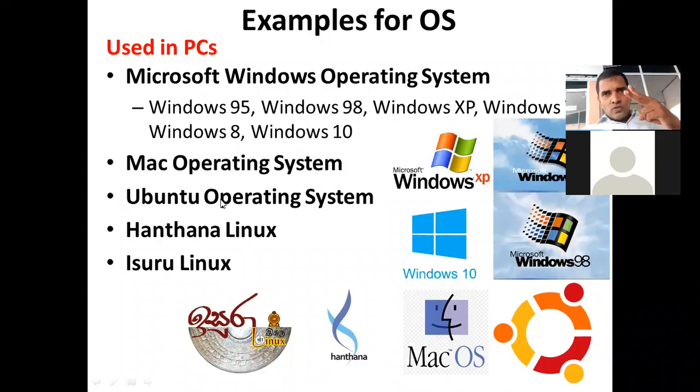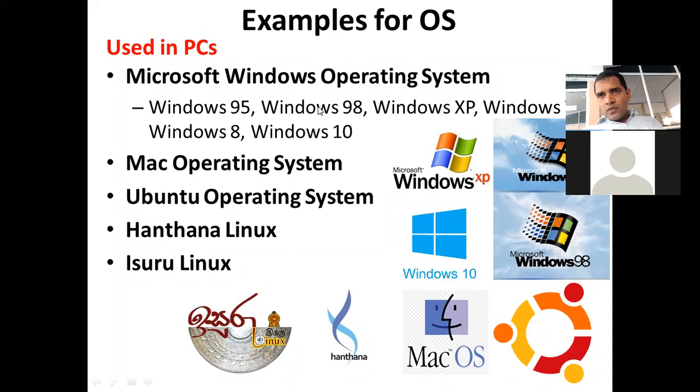We have two types of softwares, even though we cannot call them types, in fact. There are two softwares called licensed software and open source software. Listen to me carefully. Windows operating system is called licensed software. So what does it mean? If you want to use Windows operating system in your computer, definitely you have to purchase.